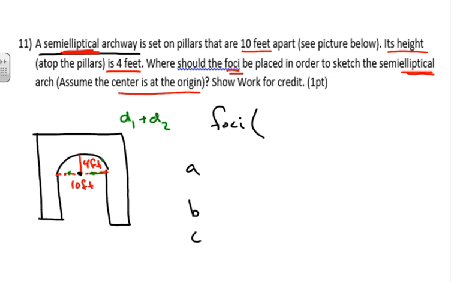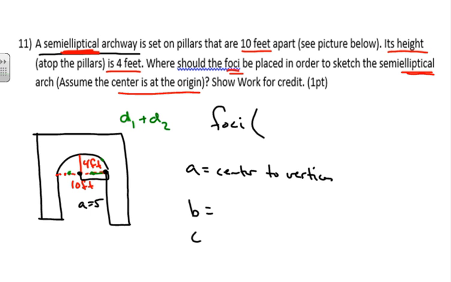A is the distance from the center to the vertices. If you don't know, vertices are on the major axis, from the center to the end of the major axis. So right here, essentially, this is what A is going to be. Now, since the whole thing is 10, A has to equal 5. It has to be half of that.